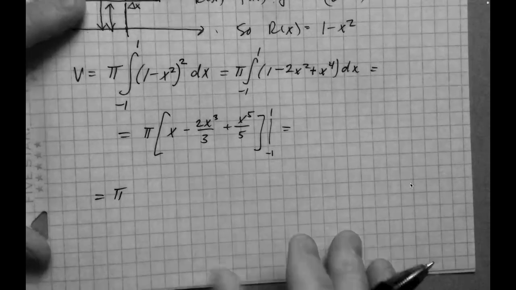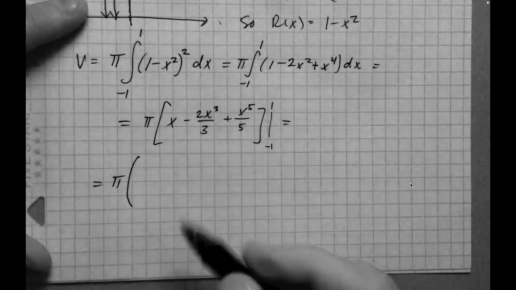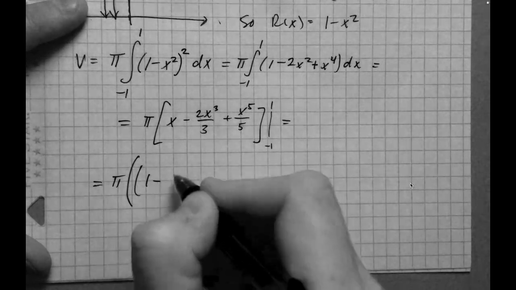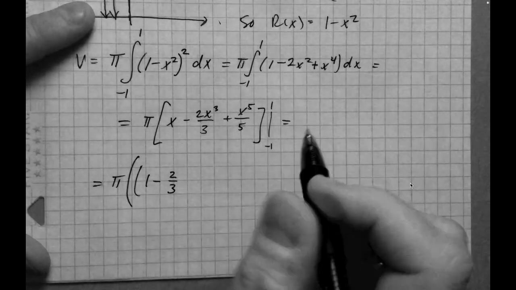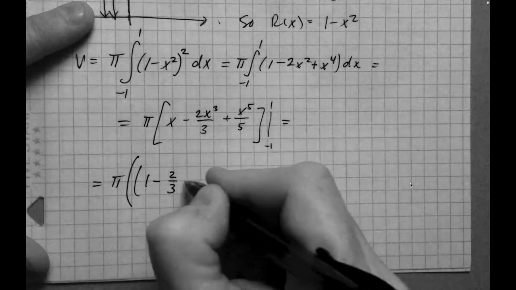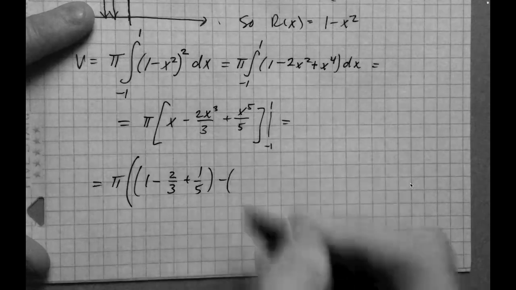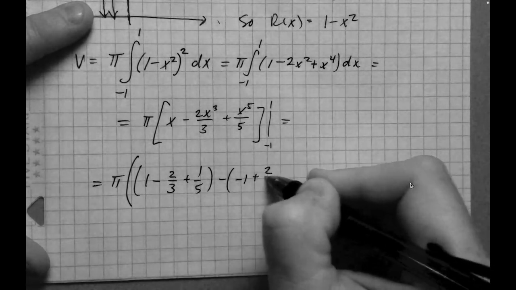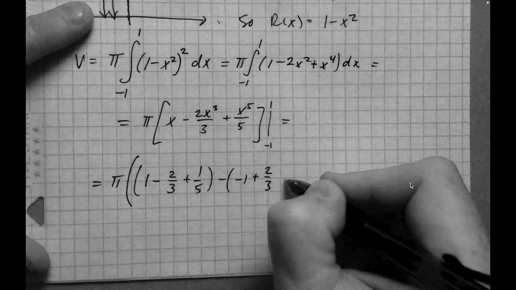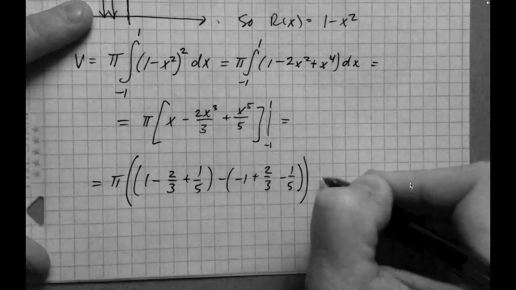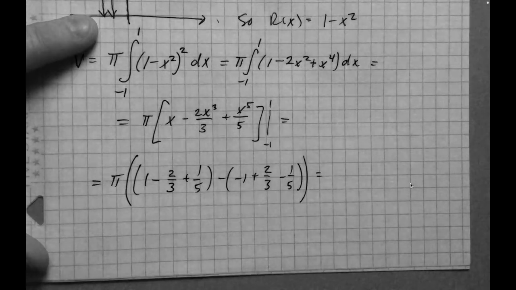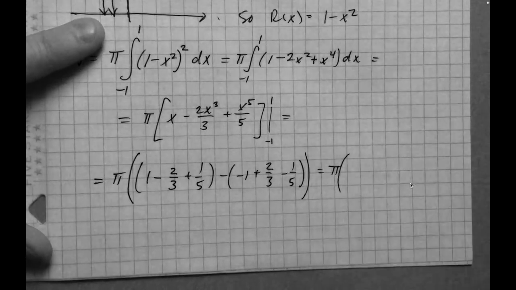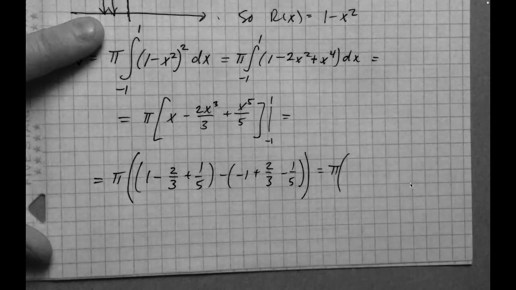So we're going to evaluate everything at 1, then everything at -1. So I'll do it down here in this next line. So it'll be pi times 1 minus 2/3 plus 1/5. And then after that, we'll subtract -1 plus 2/3 minus 1/5. Okay, so it looks like that. Now, if you wanted to do this with the fractions, you just have to get common denominators, right?